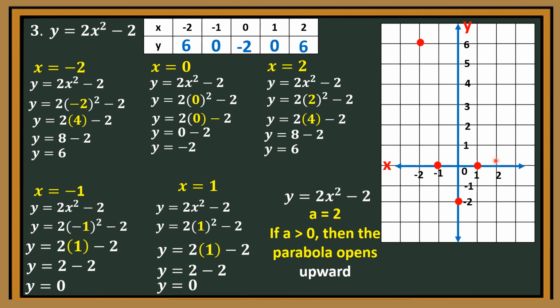So, hanapin si 2, papunta kay positive 6. So, nandito siya. So, eto na ngayon yung dots. So, mapapansin nyo kung ano yung dots sa kabilang side, ganun din sa kabilang side. That is parabola. Then, connect the dots. This is now the graph of y is equal to 2x squared minus 2.